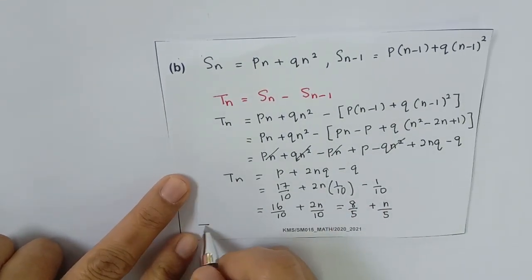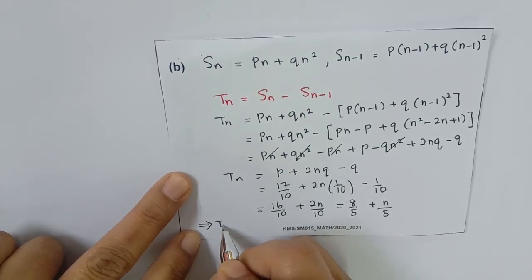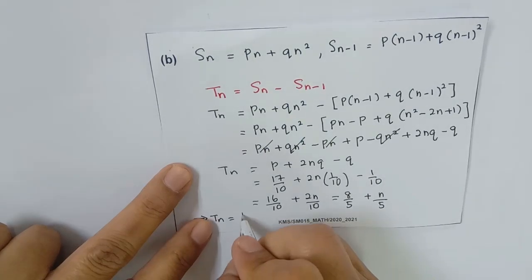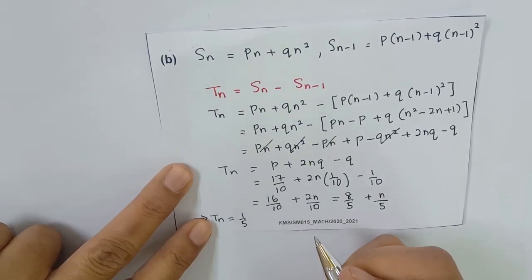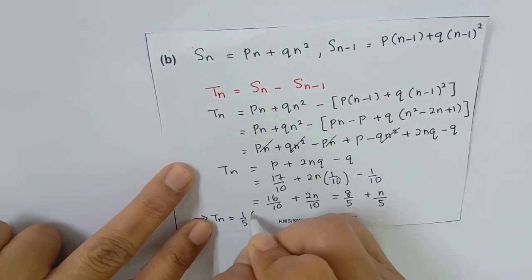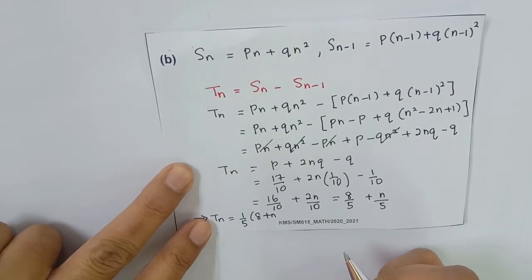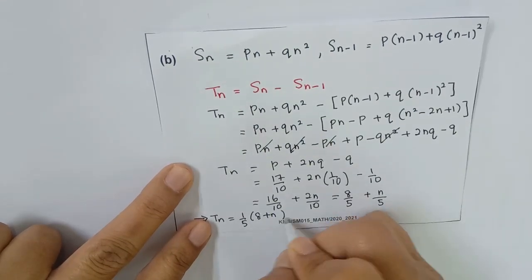So therefore we get Tn is 1 over 5 times (8 plus n). Okay.